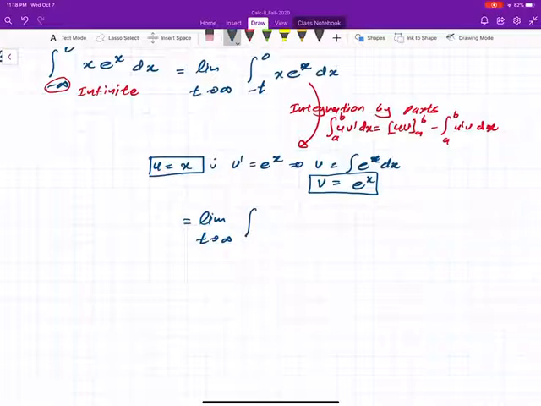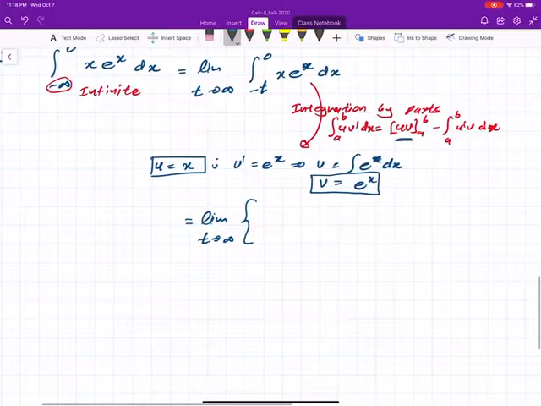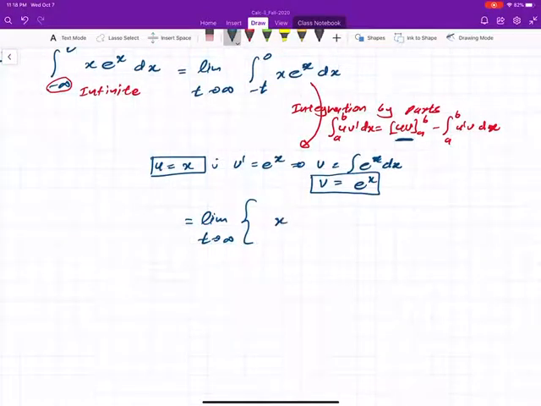The first step is you just write u times v, so u times v is x times e to the power x. Then you apply the limits minus t to 0, minus the integral of u prime v. u prime is x prime, which is 1.